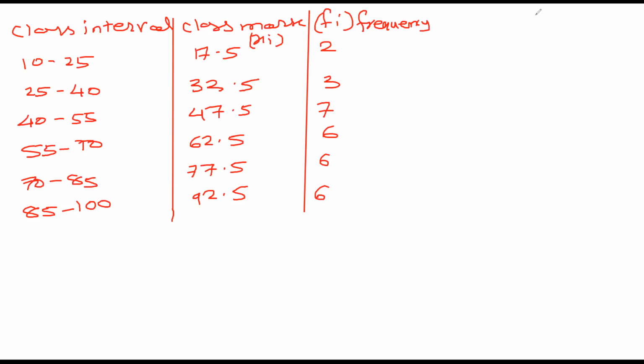What is the highest frequency? 7, right? What is the modal class? This is the modal class. Are you getting my point? This is the modal class: class mark is 47.5, frequency is 7.